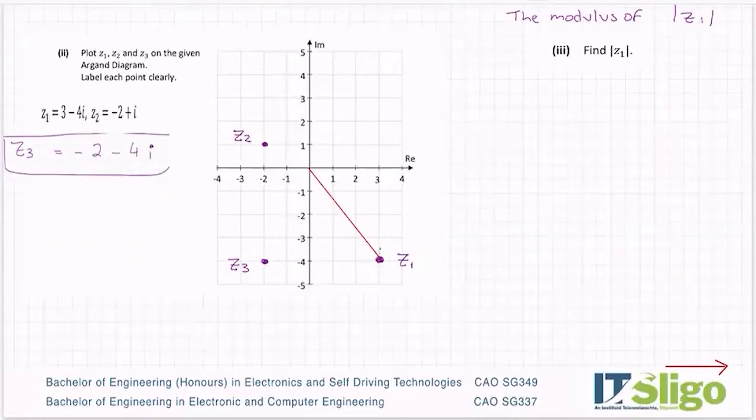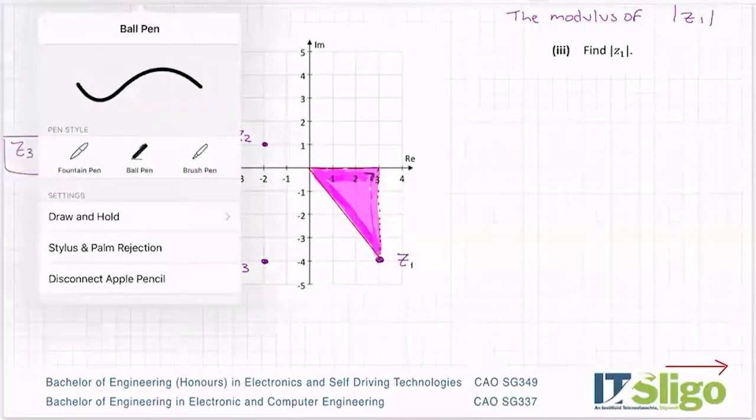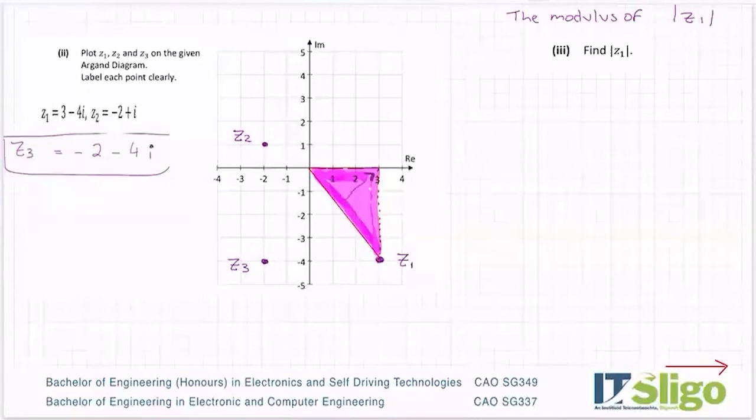Okay, so how do we do it? Well, there's a formula, but I want to explain where the formula comes from. I can form a triangle from Z1 with the x-axis. Then you can see that I have a right angle here at the x-axis, which means this side here is my hypotenuse.